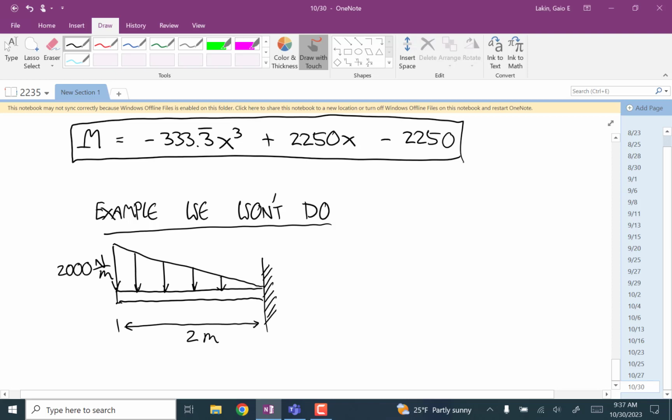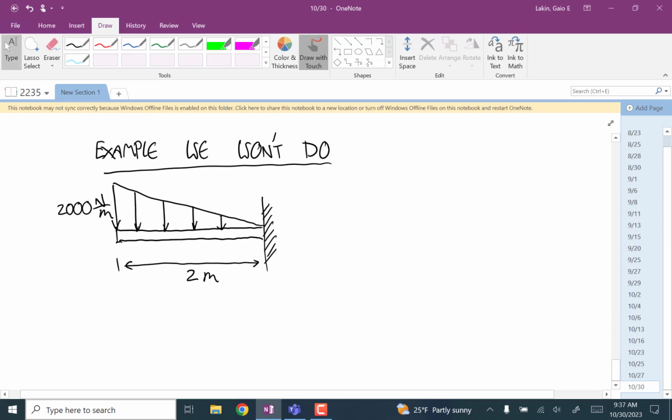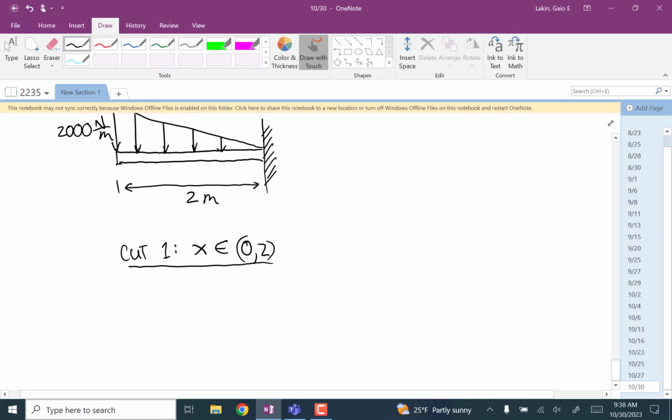Okay, so it's pretty much the same thing as the last one we did, right? But let's think about what happens when you start making cuts. So this is valid for x's from 0 to 2 meters. Our cut includes this piece, and it doesn't include that piece.